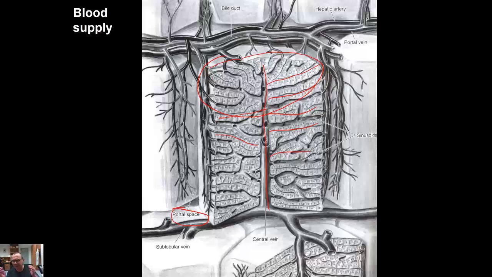At this level, the arterial and venous system anastomose, so the functional and nutritional circulation are connected. As I already said, blood from the central vein then goes to the sublobular vein, then to the collecting vein, hepatic vein, and inferior vena cava.